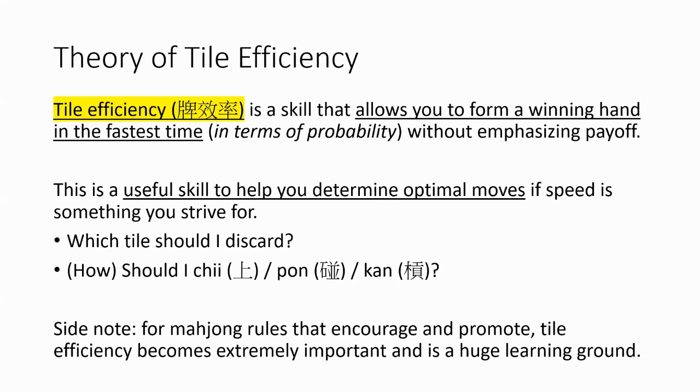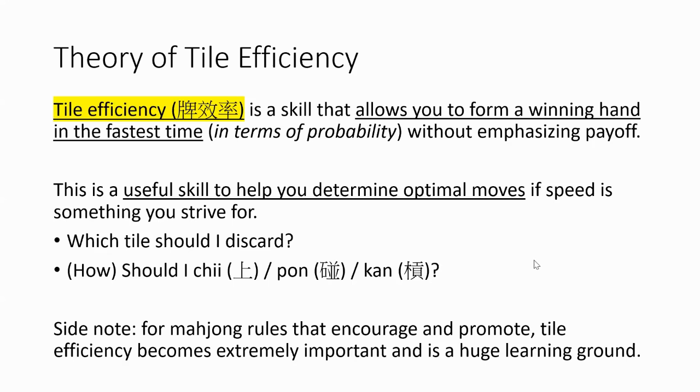And for example, if you see a tile discarded from 上家, you could also use tile efficiency to judge whether you could 上牌, 碰牌, or 降牌, and how you could do so. Basically, all this relies on the tile efficiency that we discussed previously, okay?